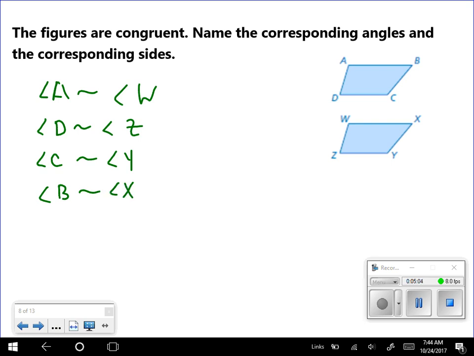Now we just need all the sides. So side length AD is going to correspond with side length WZ. So you got to make sure if you call it AD, it's got to be WZ here. So those angles should match up as well. So side length DC should correspond with side length ZY.